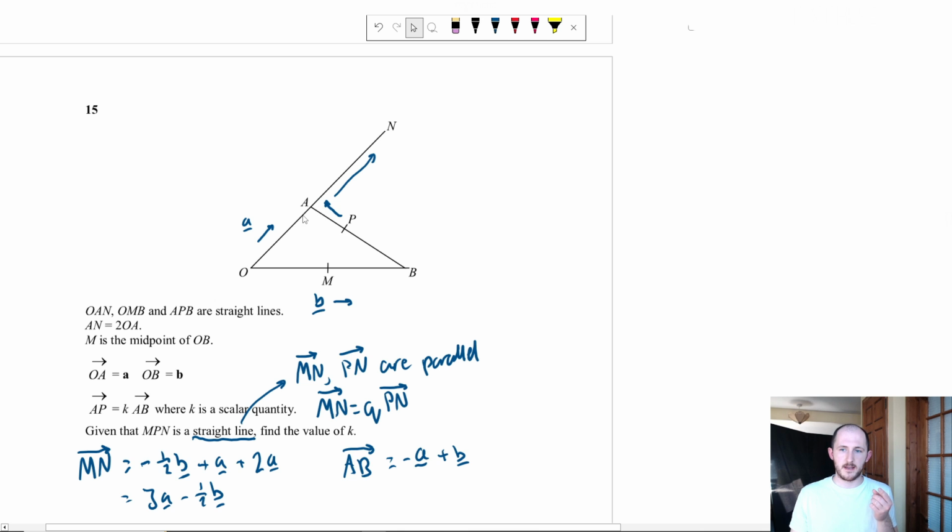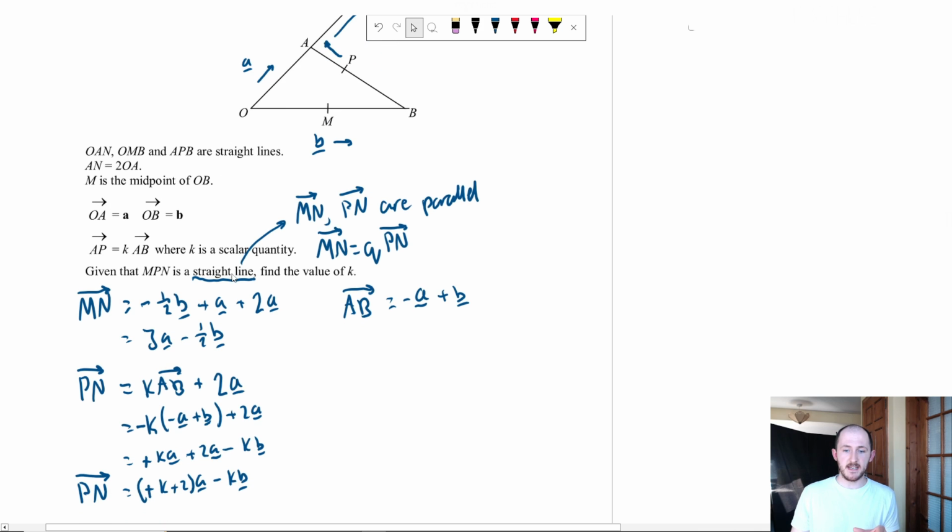P to N, P to A and then A to N. Now P to A, looking at this, is just minus K AB. So minus K AB. Is that okay so far?